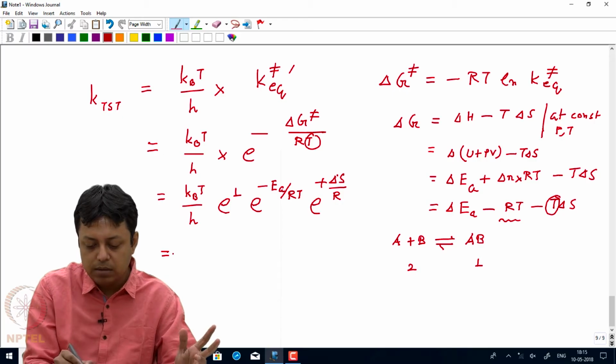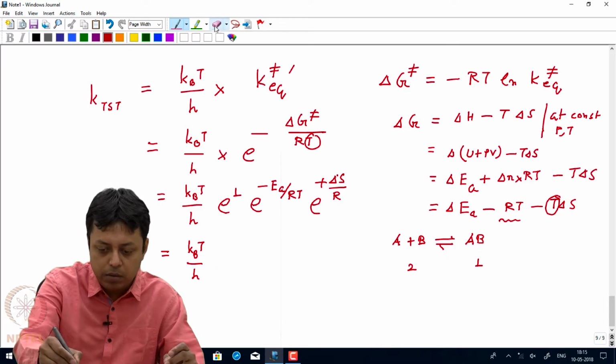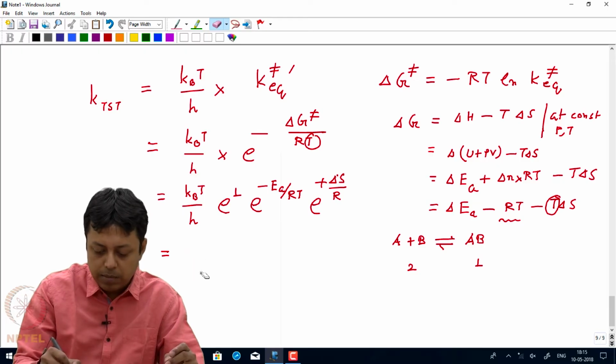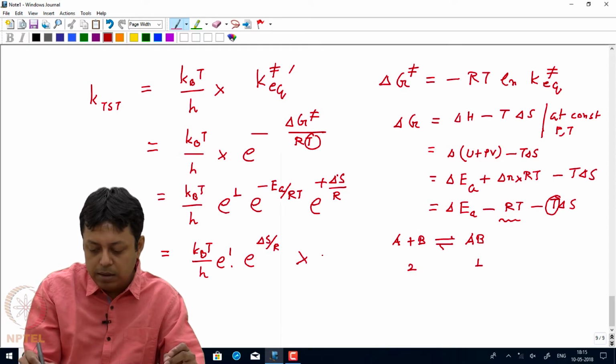So we can just rearrange the stuff, which is kBT by h into e times e to the power delta S by R times e to the power minus EA by RT.